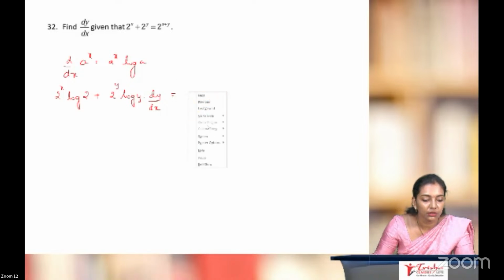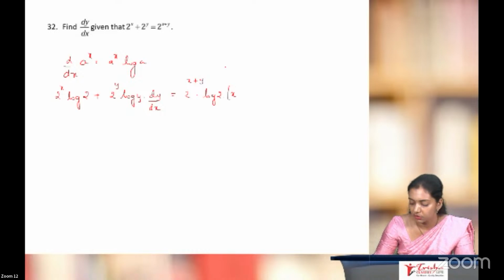Again this is the chain rule: 2 to the power x plus y into log 2 into differentiation of x plus y. Differentiation of x is 1 and differentiation of y is dy by dx, so 1 plus dy by dx.